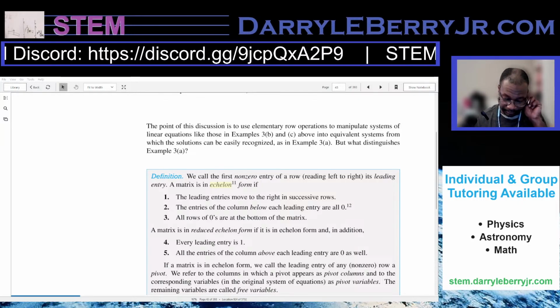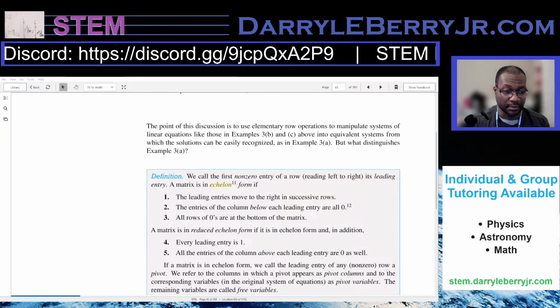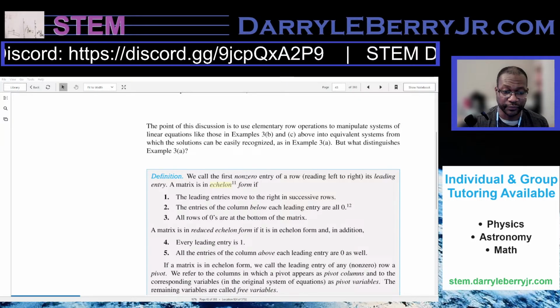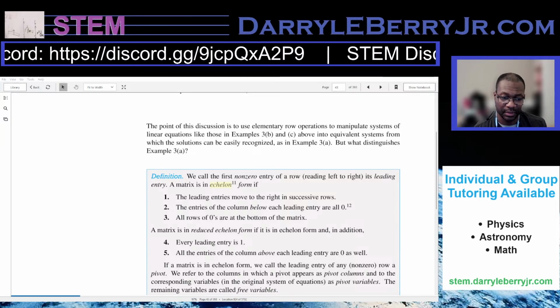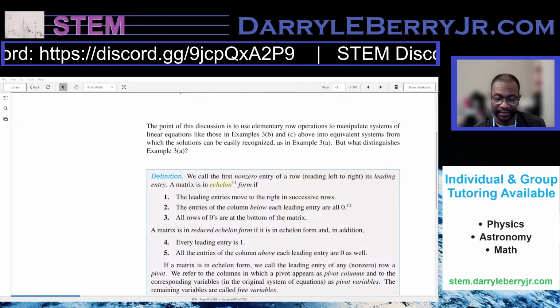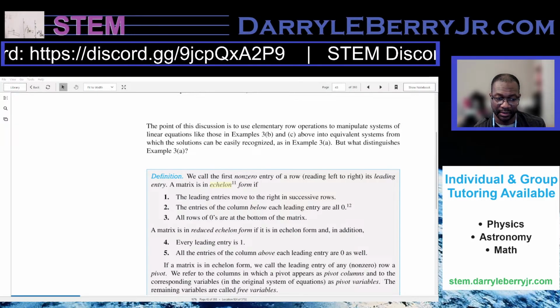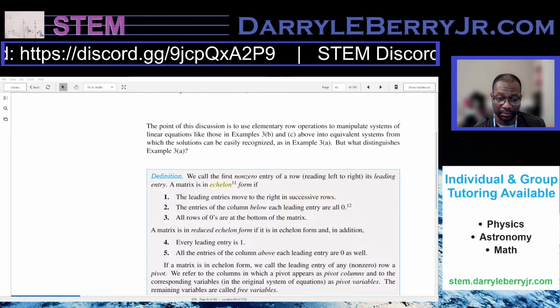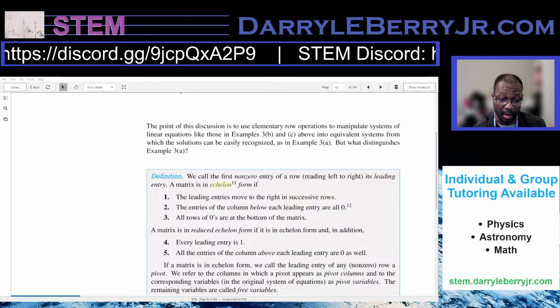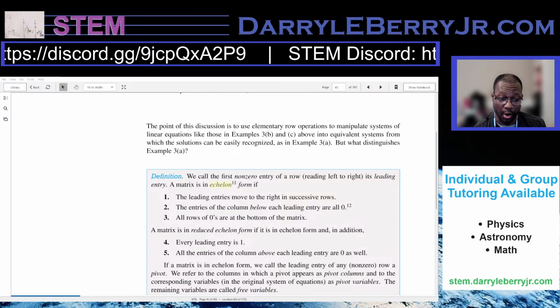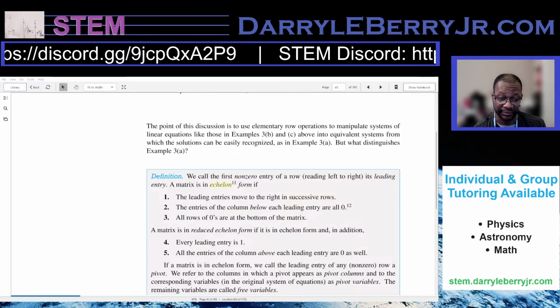All right, so here we go. The leading entries move to the right in successive rows. So a matrix is in echelon form if the leading entries move to the right in successive rows, the entries of the column below each leading entry are all zero, and all rows of zeros are at the bottom of the matrix.